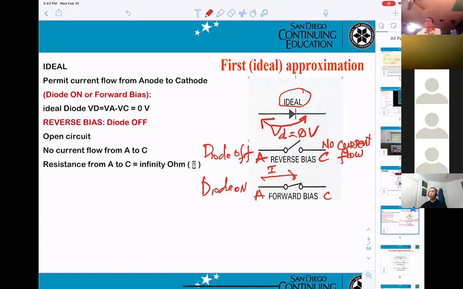Go ahead, Joseph. I was just going to ask, so that's 0.7 for silicon or 0.3 or 0.4 for germanium, since the ideal diode is typically 0, but in the real world we don't really get 0. We get a little bit of resistance. So that's where the 0.7 comes from.